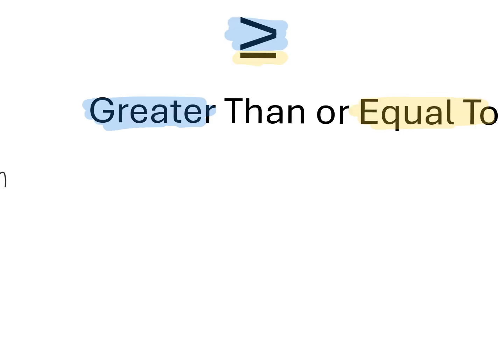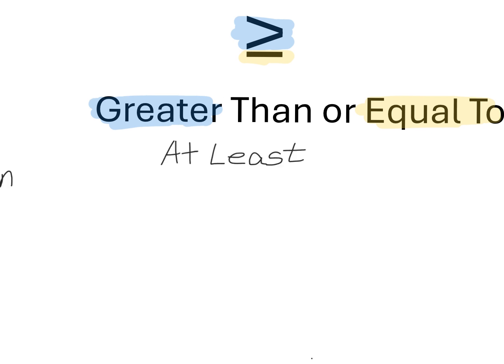Greater than or equal to can be a little bit challenging because some of the terms can be a little bit confusing. One of those terms is at least, because the fact that this has the word that seems like it's related to something small would make you think that it's a less than, but that is not true.